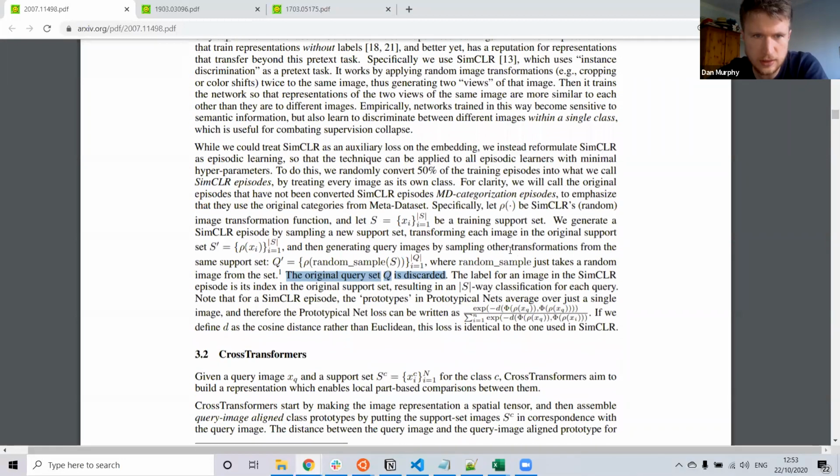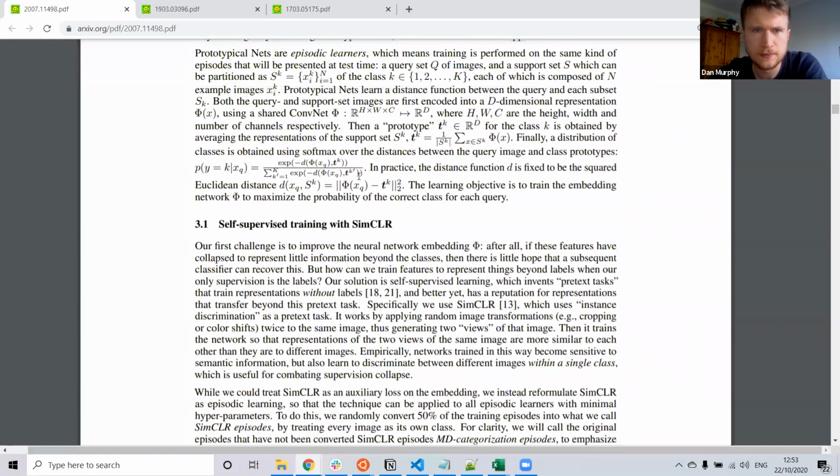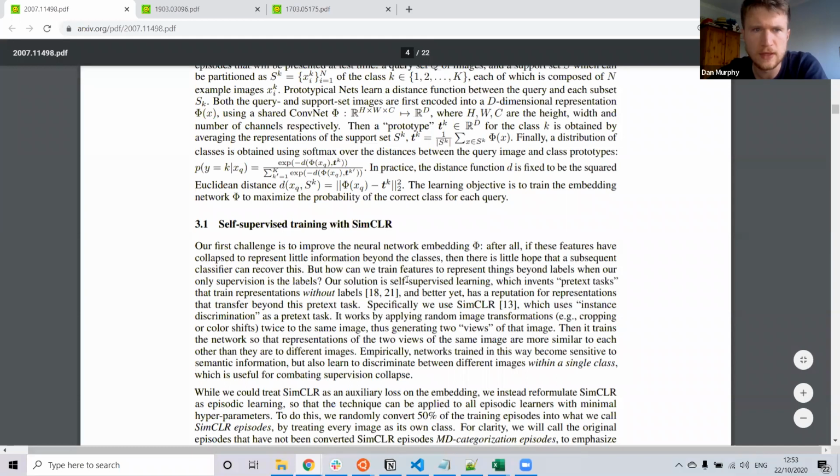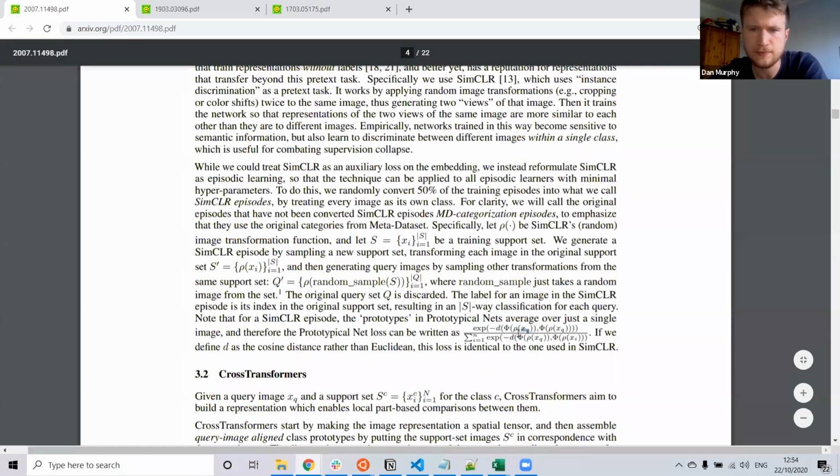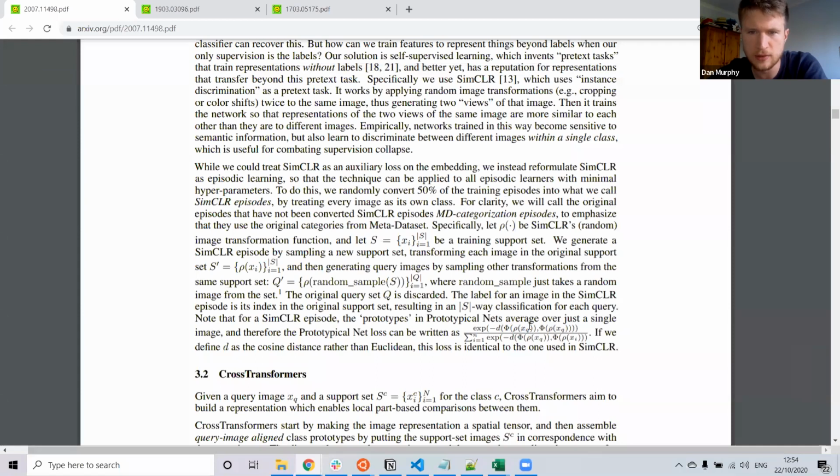So let me get this right. I think this becomes now the distance between the one augmentation and another of the same image.